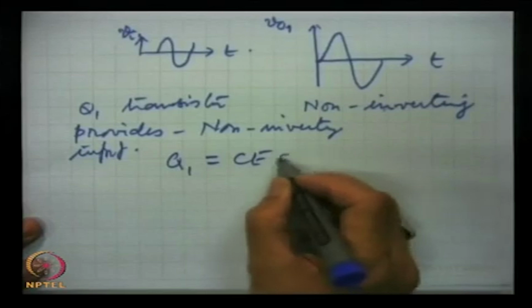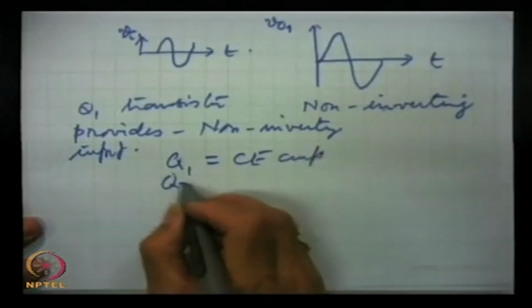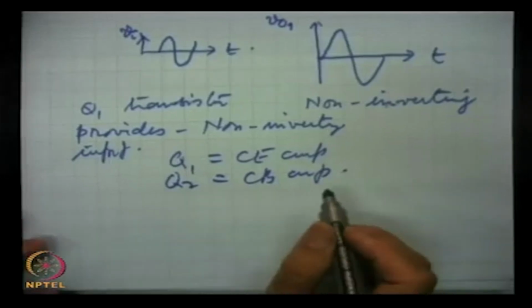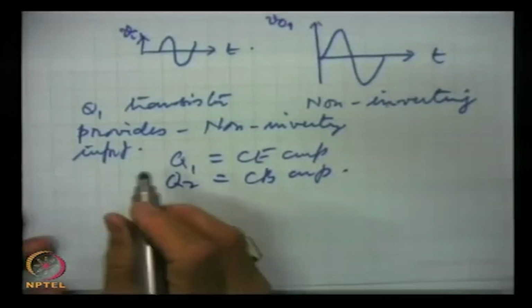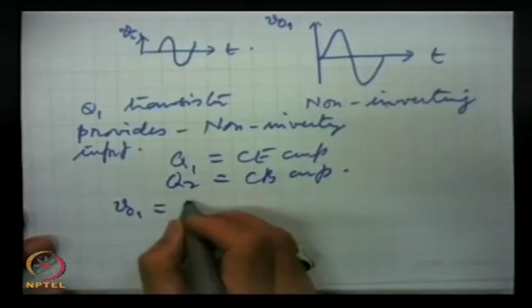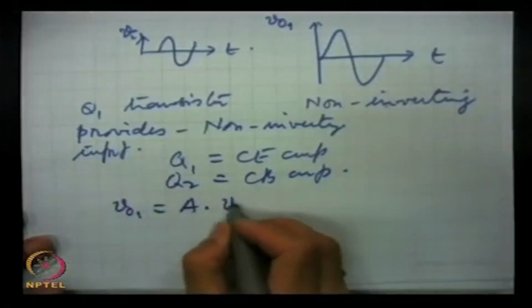We can find even the amplification actually, and as I said, Q1 forms the CE amplifier, Q2 forms the CB amplifier, and the output VO1 is A, the gain, times Vi1.